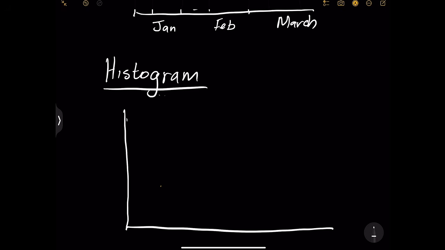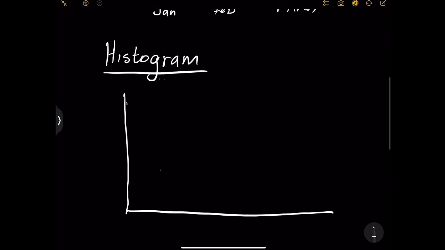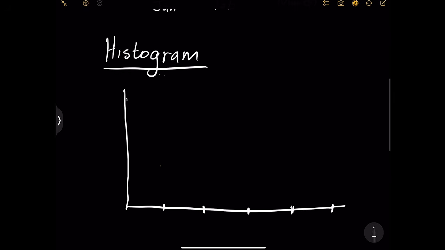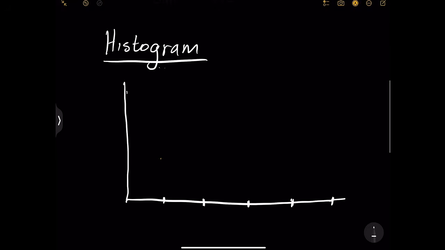statistical data, right? Now, just like you would have when you've got a cumulative frequency curve or an ogive, right? In this case, let's say for argument's sake, we are just giving information on the amount of marks that learners obtain. So 20, 30, 40, 50, and so on and so forth, right?